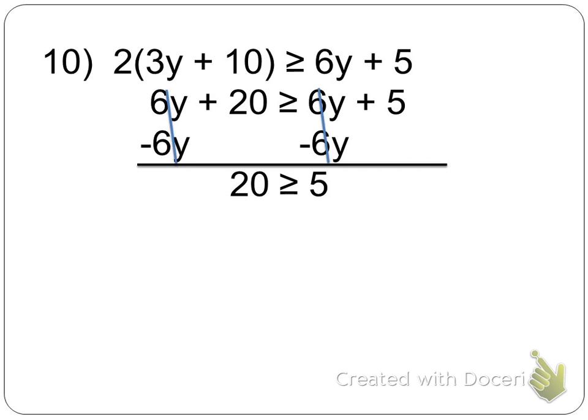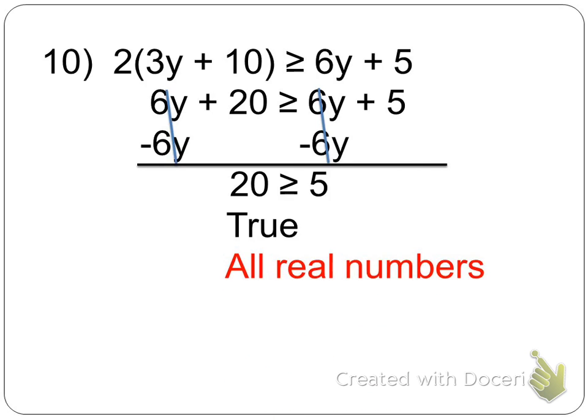Oh, yeah, it's greater than or it's equal to. It doesn't have to be both. So if you get a statement that's true, your answer is all real numbers. What that means is no matter what you plug in for y, this side's going to be bigger than this side, so it's true.